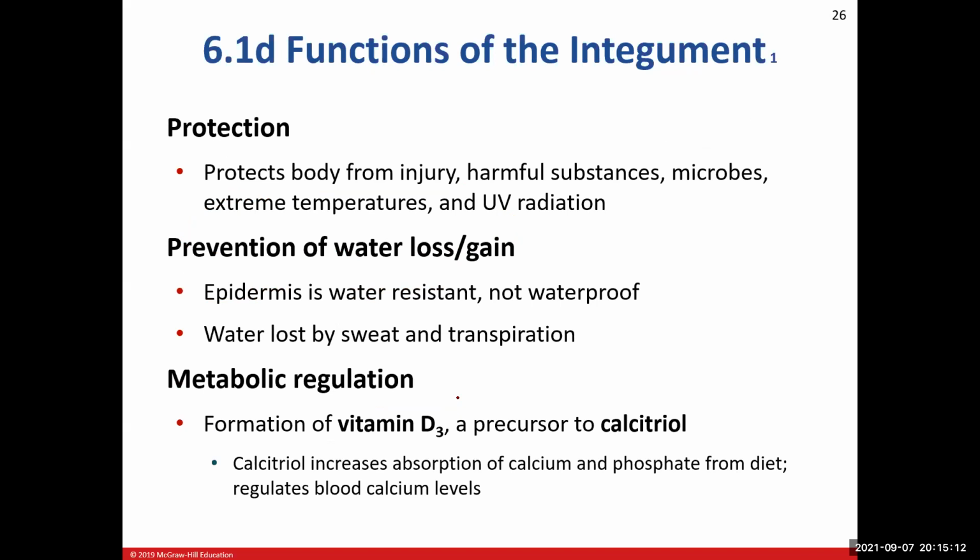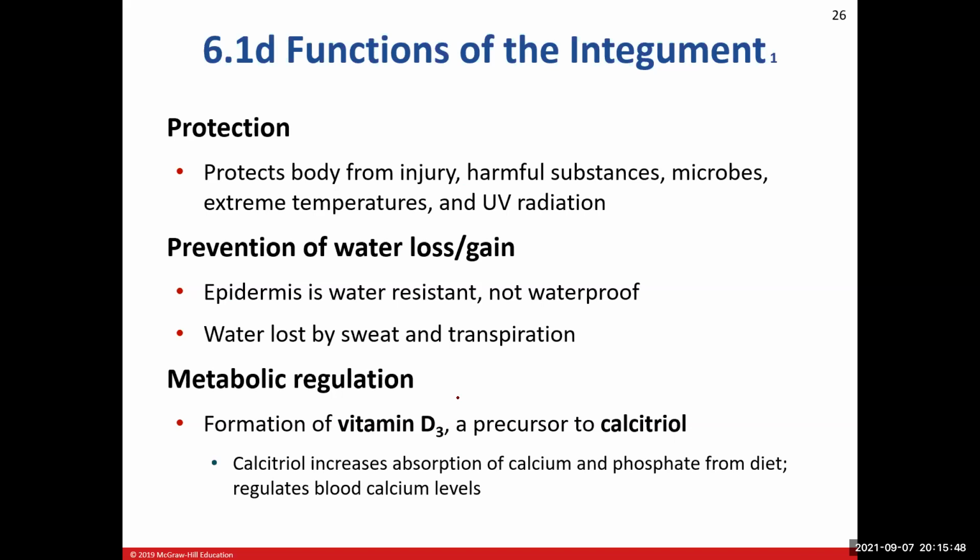Protection: our skin helps to protect us from injury and harmful substances, such as if you have some sort of dangerous chemical spilled on you, or anything that can cause irritation to the underlying structures beneath the skin. It prevents infection, keeping out viruses and bacteria for the most part, and certain fungi and parasites.